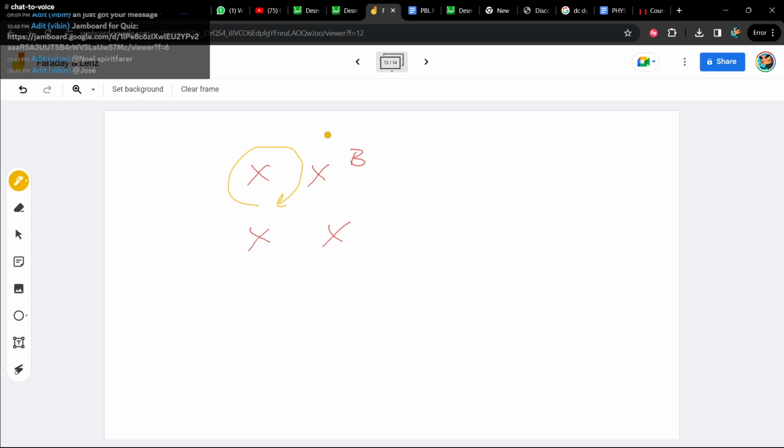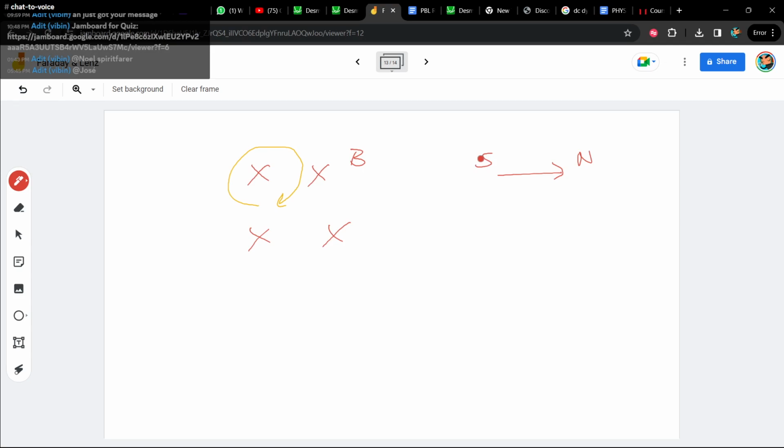I think it's a bit hard for me to explain. If the magnetic field lines are going like this to this, yes, your end product will be N. Yes, you are correct in saying that, if you're talking about direction.